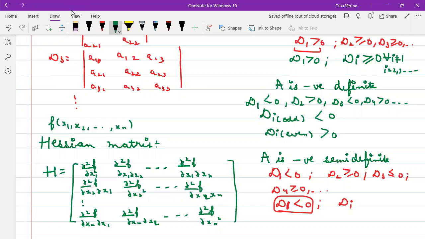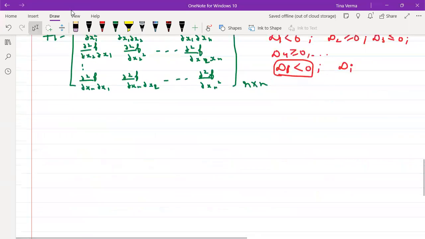That means you take the double partial derivative of every variable with the other variables, so it will always be of order n cross n. Okay. Now the Hessian matrix becomes an ordinary matrix, and you check whether it is positive definite or negative definite. Then you will say whether the point you obtain is a point of minima or maxima, right? We will do an example.